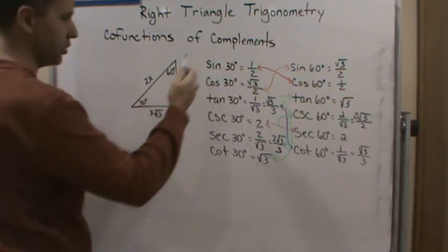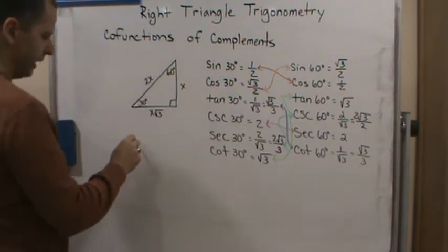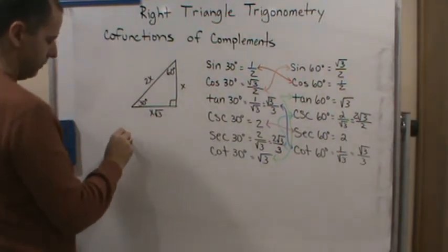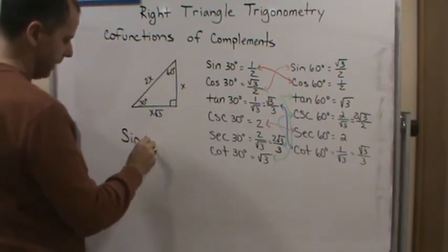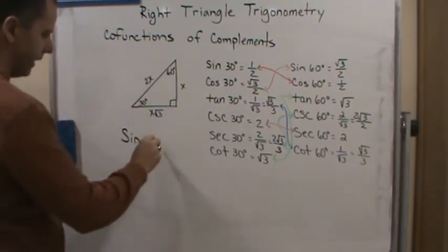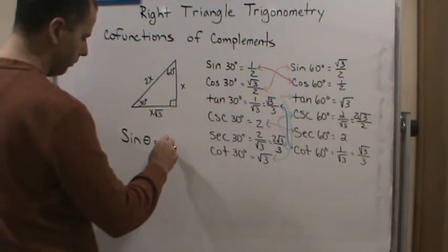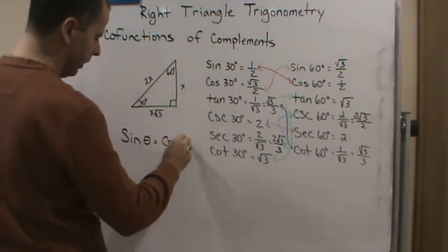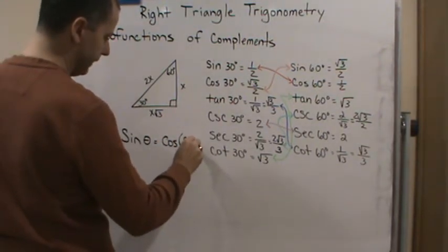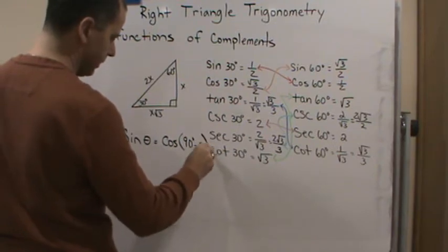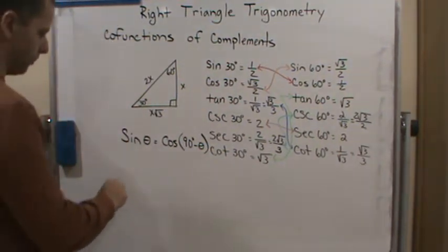This leads us to the general case that, hey, if I take sine of theta, that's going to equal cosine of 90 degrees minus theta.